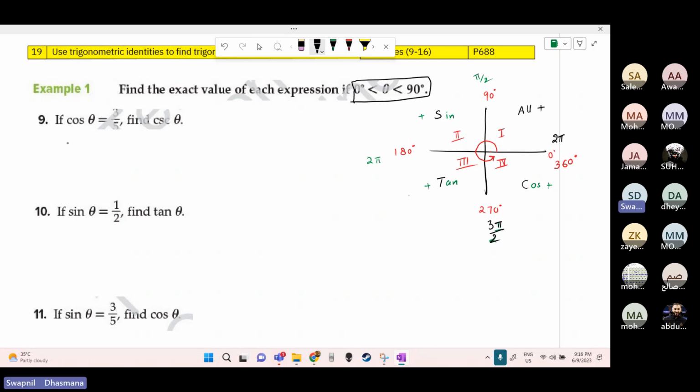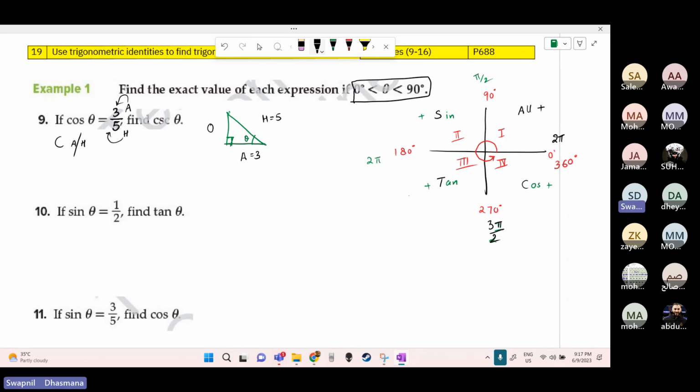Cosine theta, so SOH CAH TOA. This is A, this is H, this is 3, and this is 5. So I'll make a triangle. This is theta. So opposite to theta is O. This is A, this is H. A equals 3. H equals 5.